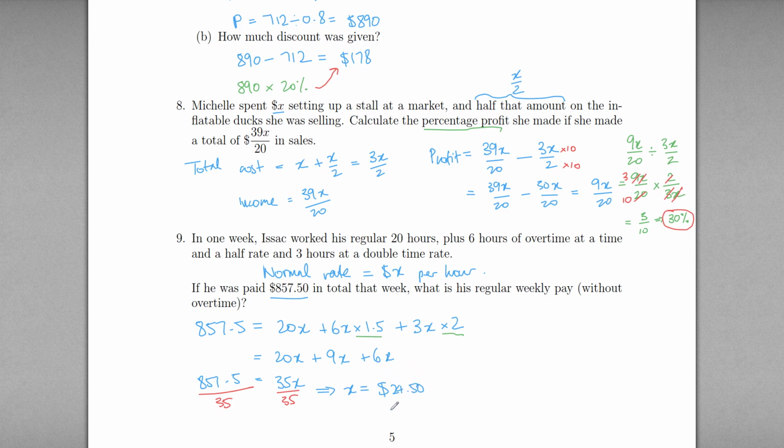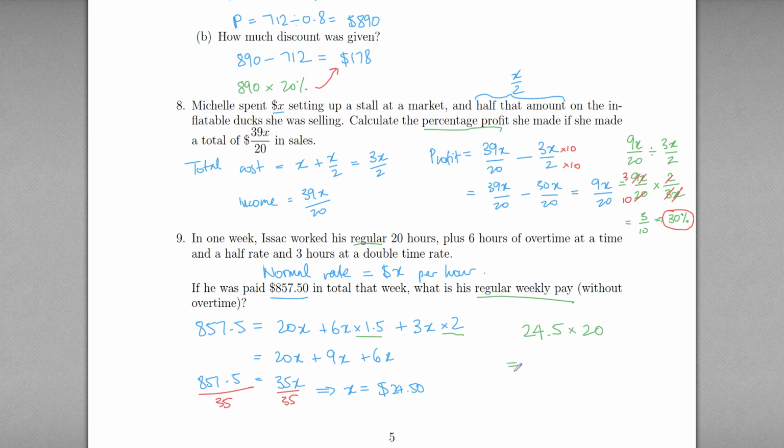Okay, now the question's asking for what is his regular weekly pay. Okay, so regular weekly pay will be 20 hours, that's regular 20 hours, okay, without overtime, which means we just got to take our 24.5 that we just calculated, and we multiply that by 20. Okay, that much per hour for regular 20 hours.